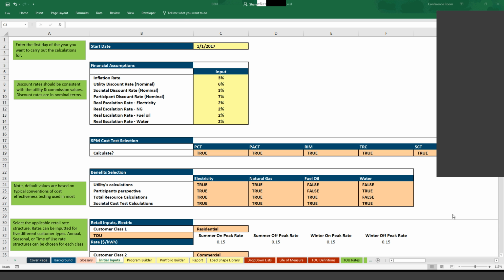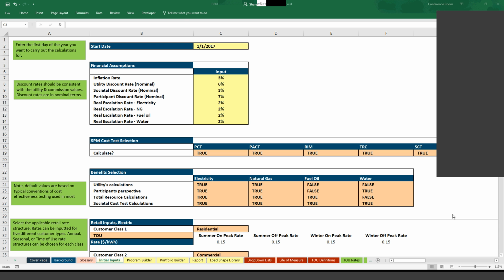So not each individual program has to be strictly cost effective, or even within a program each measure. And there are other things you could do that maintain uniformity, so the results are understandable, but still provide a little bit more flexibility, which is the only reason why I could think of you would use a different test for a different type of efficiency measure.